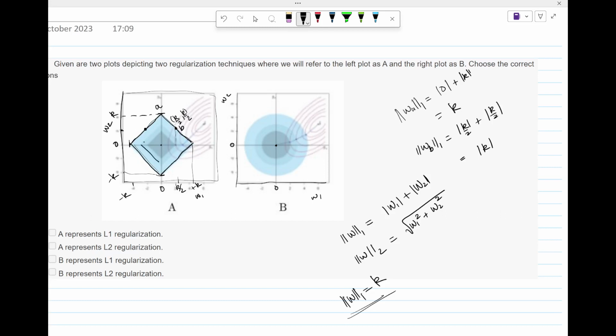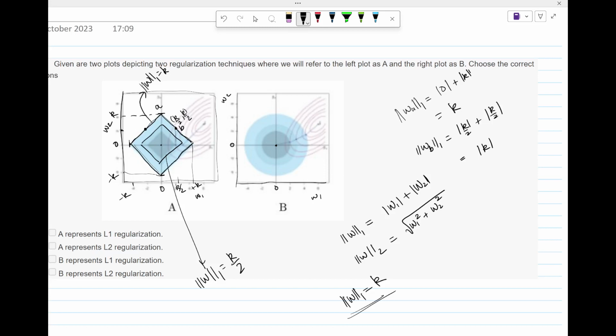Similarly, this inner one may correspond to an L1 norm equal to some K by 2, while this corresponded to norm equal to K. So each of these tilted square regions corresponds to the L1 norm of the weights being constant, and as you come closer to the origin, the L1 norm keeps decreasing.